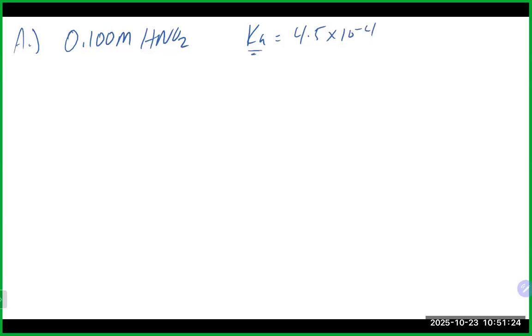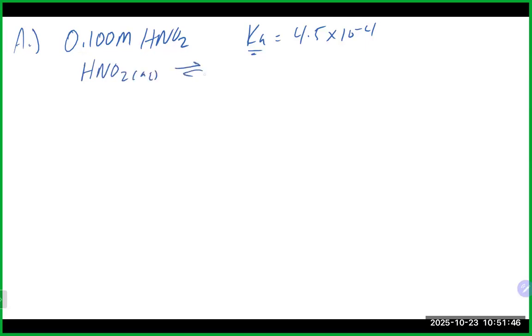So clearly, because it is a Ka value, we know that this is really a titration of a weak acid with a strong base once we start it. But before, we have basically just a weak acid. So to get the pH of our initial solution, we will just do a Ka type problem.